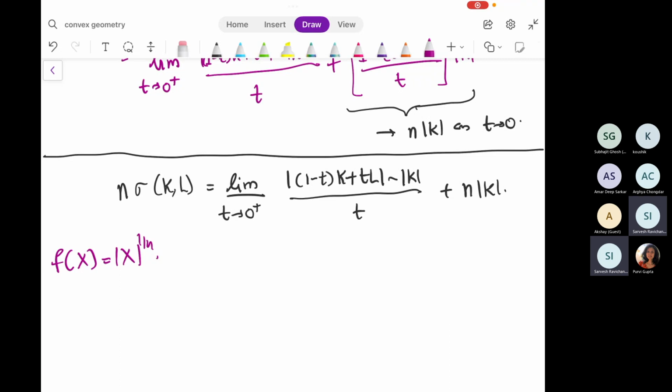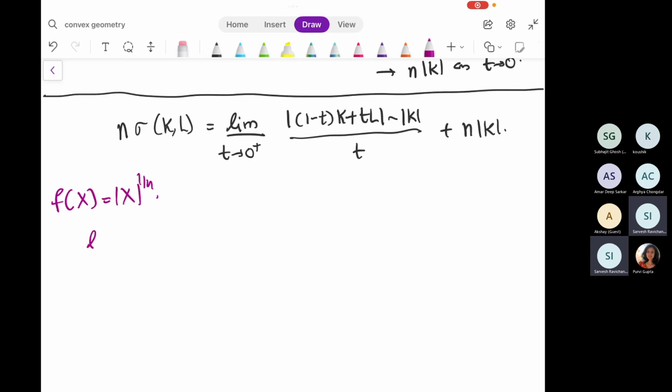And the answer is the following. You just make a very simple manipulation. So how do you do it? You make the following manipulation. The limit infimum as t tends to 0 plus of, well, f has to be defined a bit more carefully here.